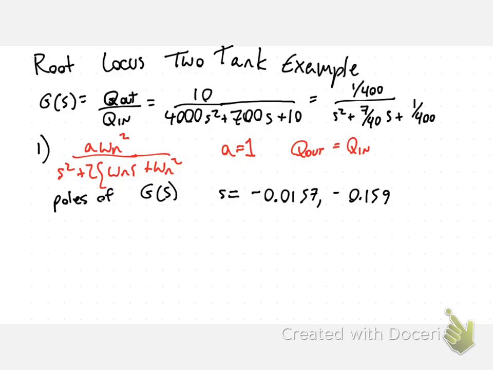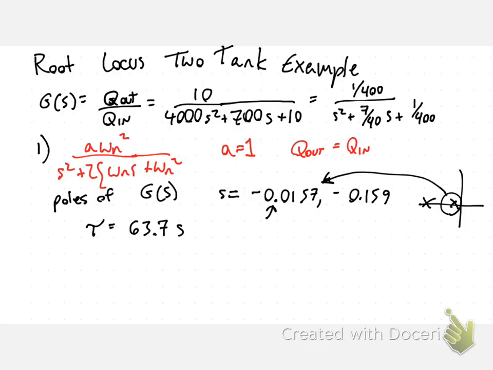And so looking at our simplification of a second order system when it's overdamped, we can see that this will act like a first order system that has a tau equal to 63 seconds. So that would be 1 over the pole closest to our imaginary axis, which would be that first pole.